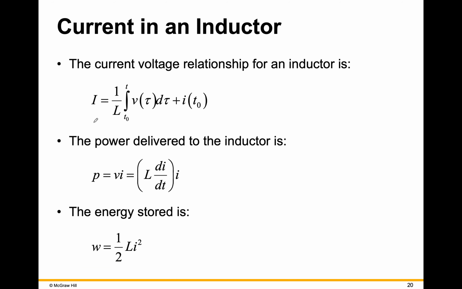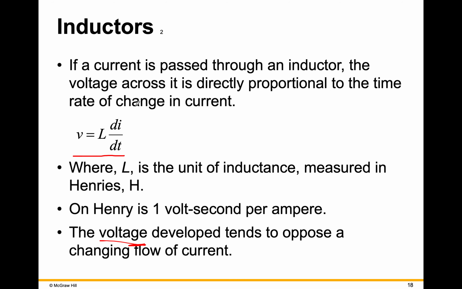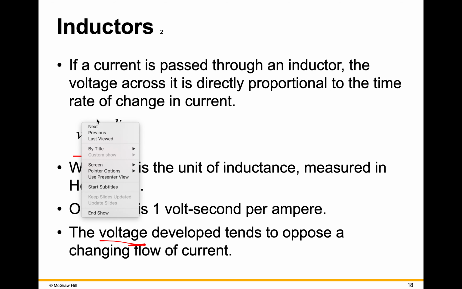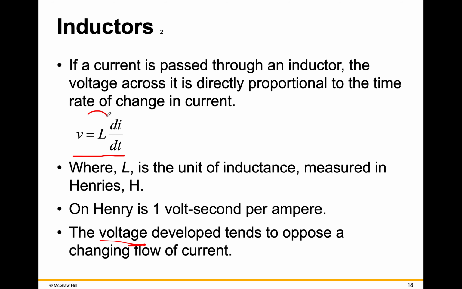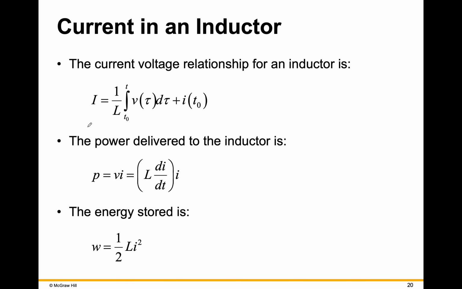So the current-voltage relationship for an inductor: if you take that differential equation from two slides back, and you integrate both sides of this equation, then you'll get basically an equation for the current. So if you're given an inductor voltage and you want to solve for the current, it is essential that you know the initial condition on the current.